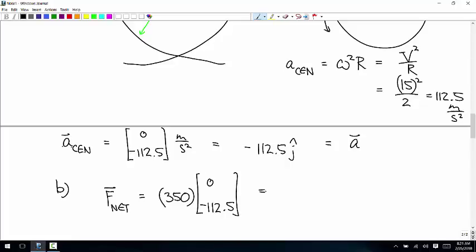Can someone multiply that? 39,375. Okay. That's a lot of force. Okay, that's the net force. Okay, thanks. Okay. A is easy.